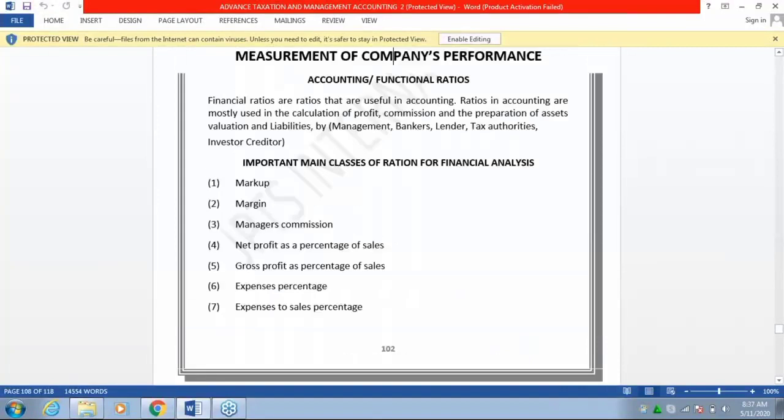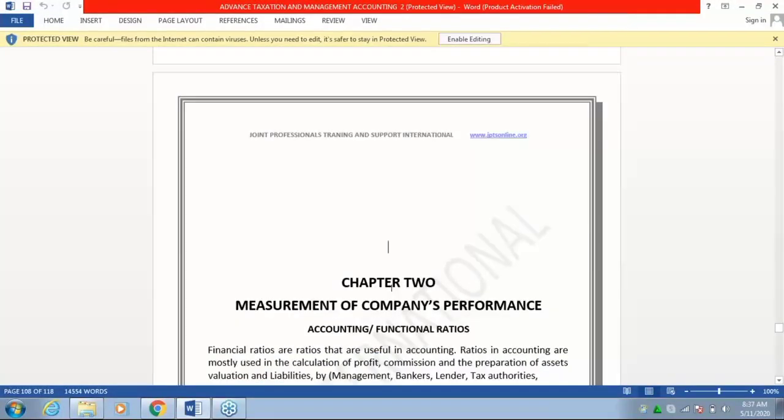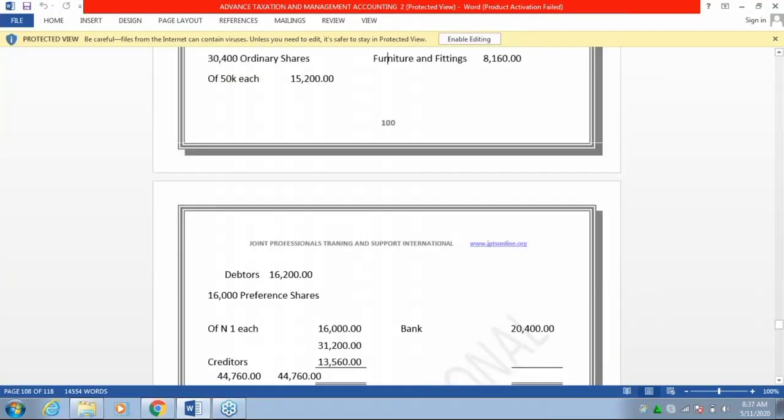Management accounting can be used as a technique to determine the financial efficiency and effectiveness of a business entity.